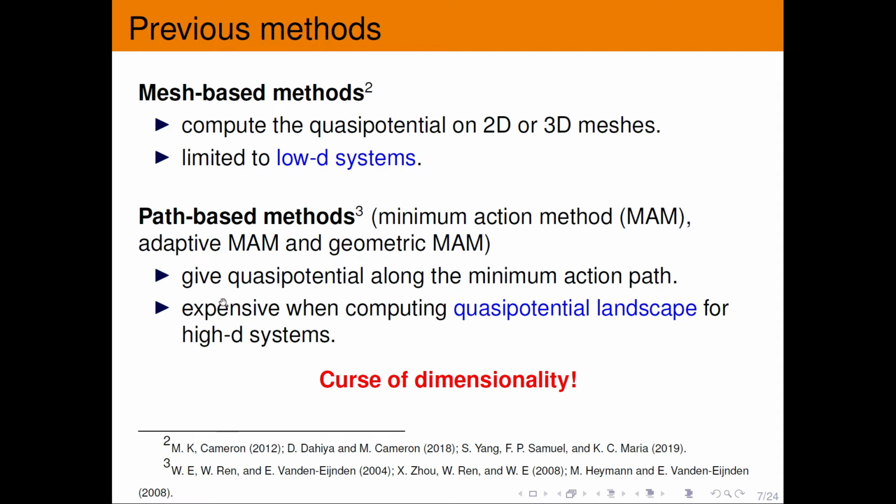They are applied to give the quasipotential along the minimum action path, but they are expensive when computing quasipotential landscape for high-dimensional systems. Therefore, these methods suffer from the so-called curse of dimensionality when computing quasipotential landscape.